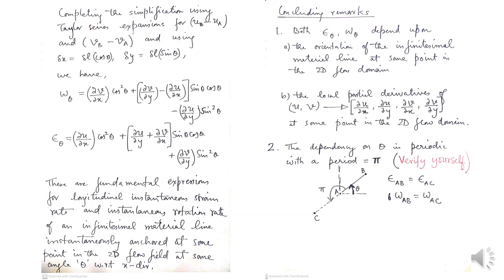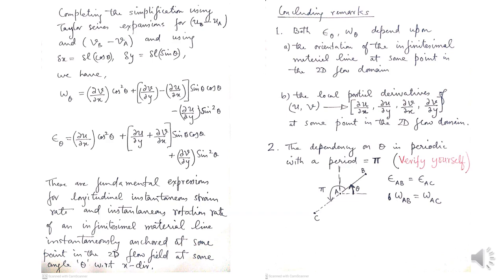Once you consider two material lines like this, since the expressions for omega theta and epsilon theta indicate that they are periodic functions of theta with period pi, we can simply conclude that the strain rates and rotation rates for the two material lines AB and AC would be the same.